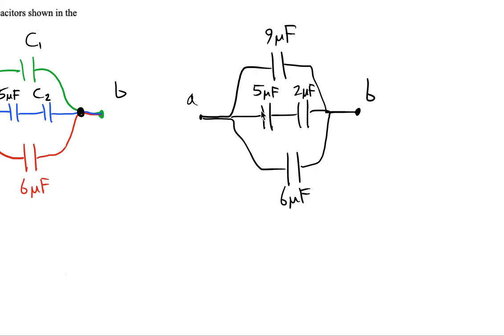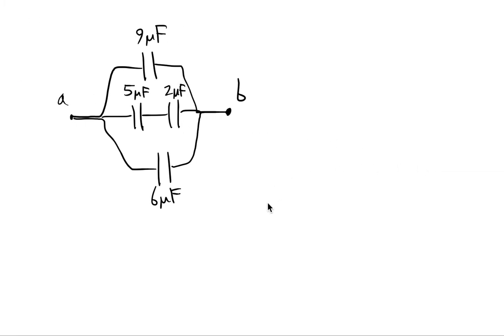All right, let's use the rule for series capacitors in order to simplify that middle branch. It will be C of the 5 and the 2 equals 1 over 5 plus 1 over 2.